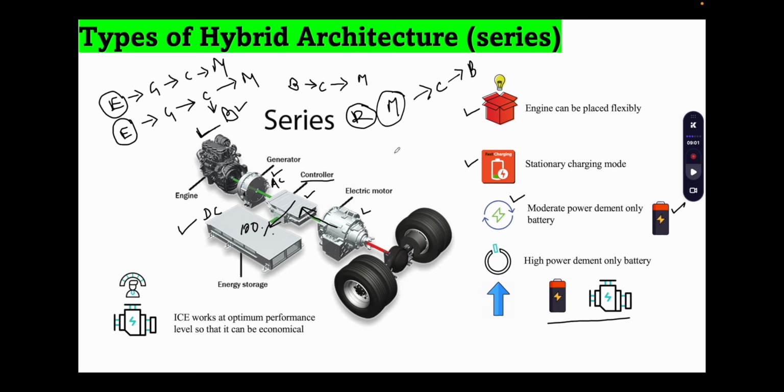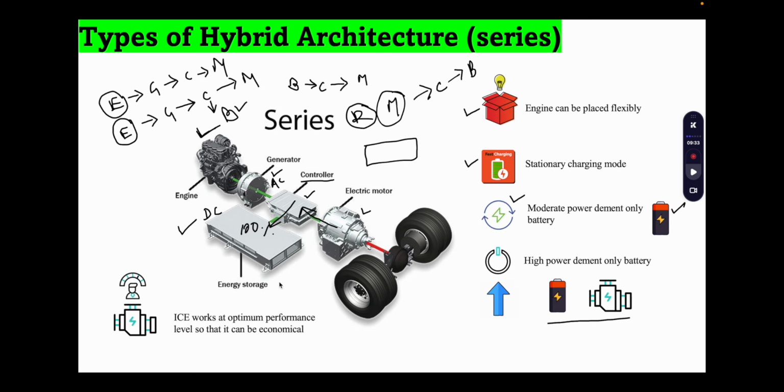Because of this, the vehicle battery SOC will mostly be controlled with the help of the operation of the engine. So you can also have the battery at optimum performance, right? You will not overcharge or over-discharge the battery. You will maintain an optimum SOC level for the battery. That is one more advantage you will get.